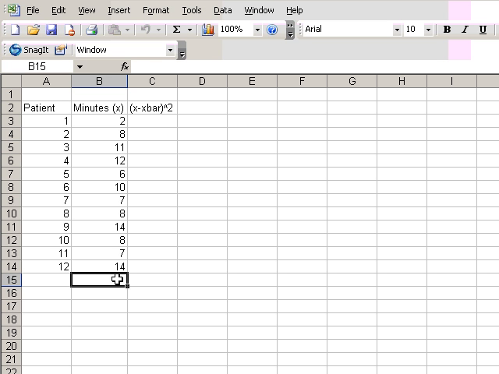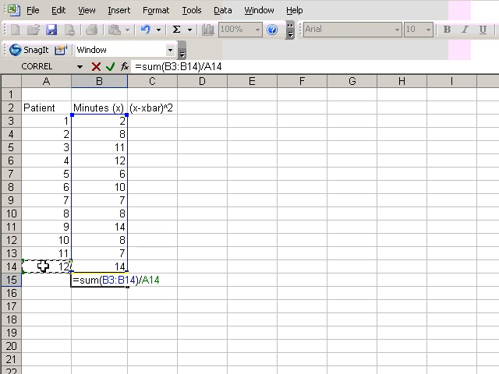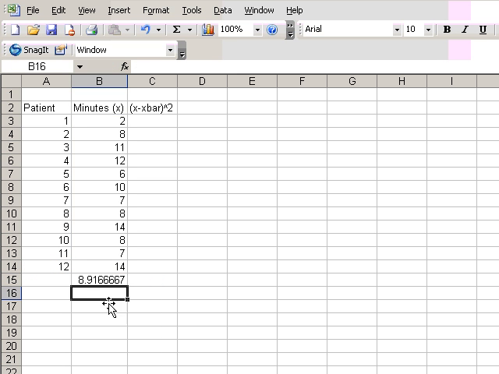So here I'm going to put the sum of all of these values divided by n, the total number of observations. And the mean turns out to be 8.91 minutes. So I will label this x bar.